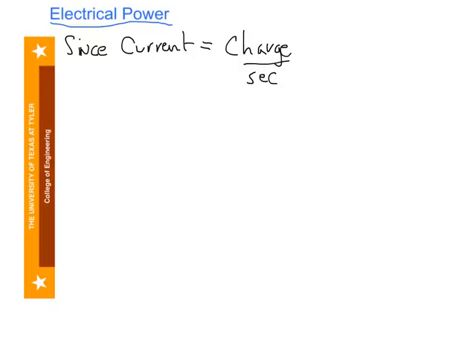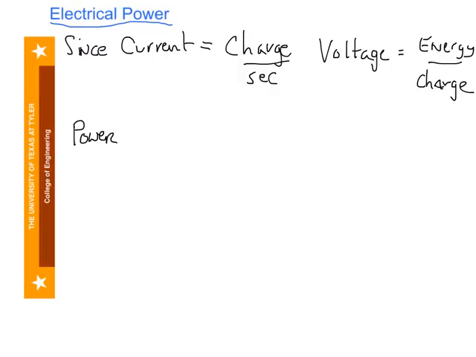And voltage is equal to energy per charge. We've defined those. Then we can look at power as being equal to voltage times current.